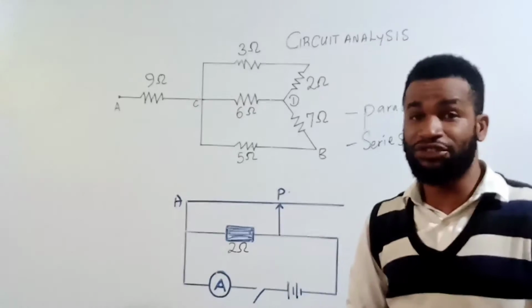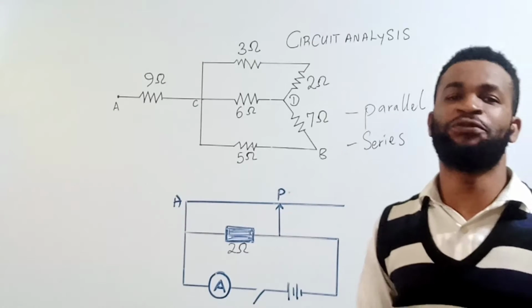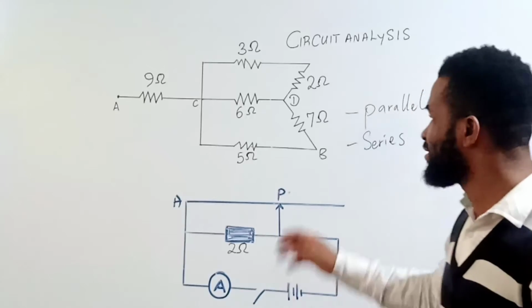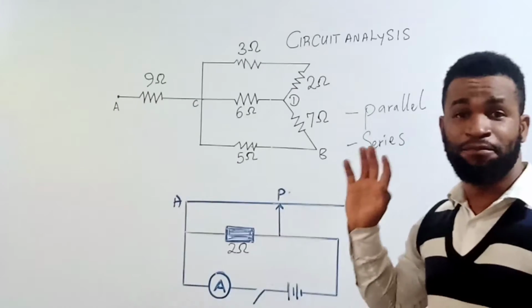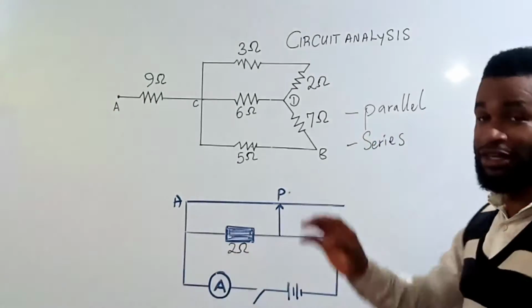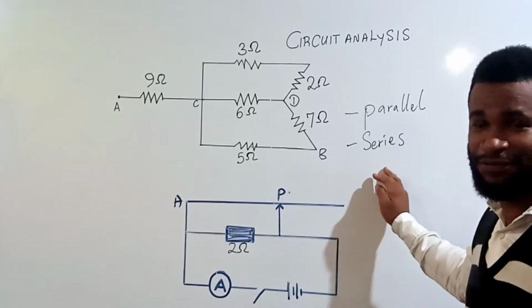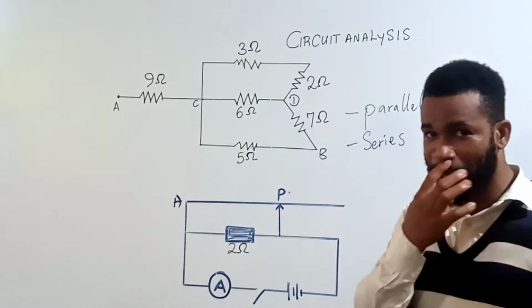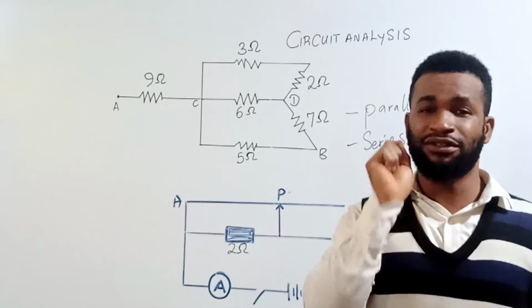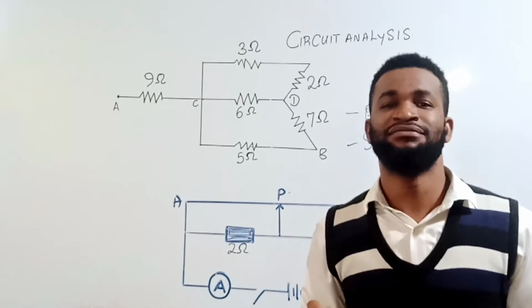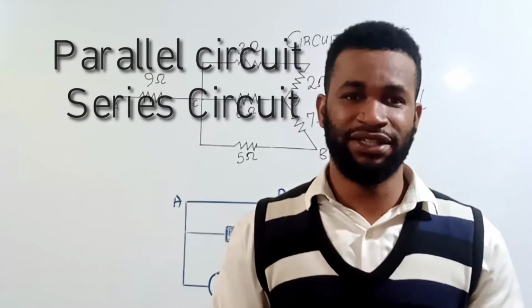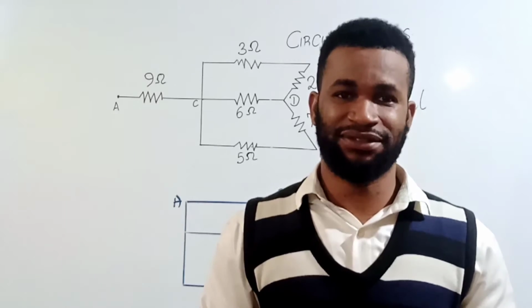Now, my concentration this hour is going to be fully on how you will be able to identify that the resistors are in parallel and when they are in series. Now, looking at this kind of assessment, I'm going to just give you one condition of finding parallel circuit and one condition of finding series circuit.